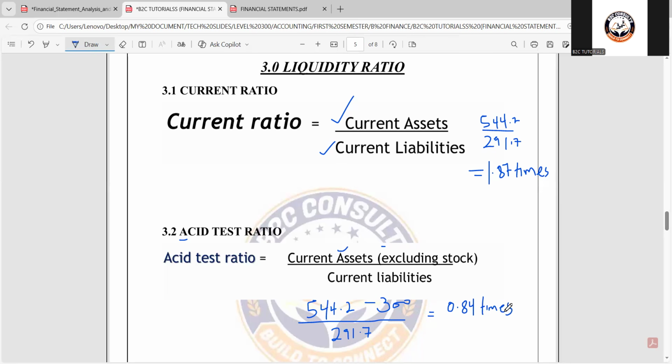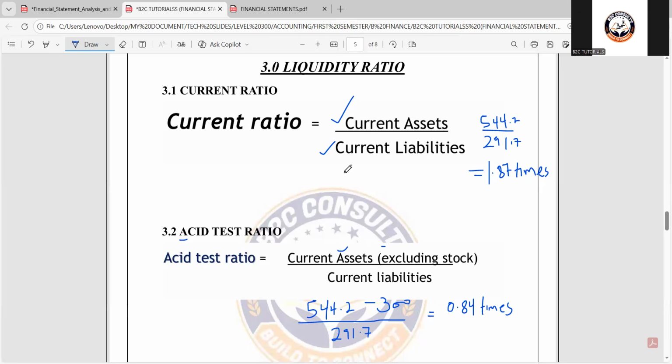After getting the answer, what you have done is just the analysis. I would explain that in the current ratio, my assets can be used to pay my liabilities 1.87 times. That is the interpretation. Then the interpretation for the acid test ratio states that my assets can be used to offset my liabilities 0.84 times.